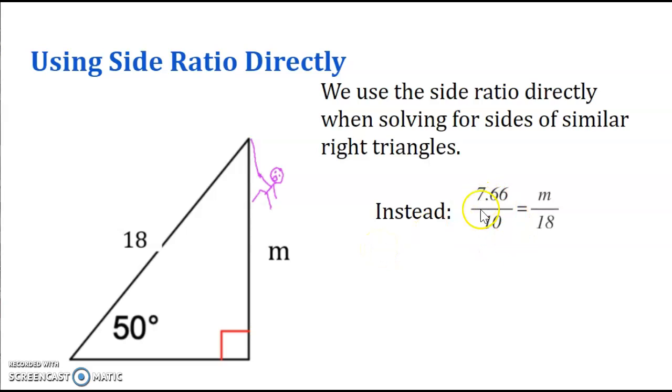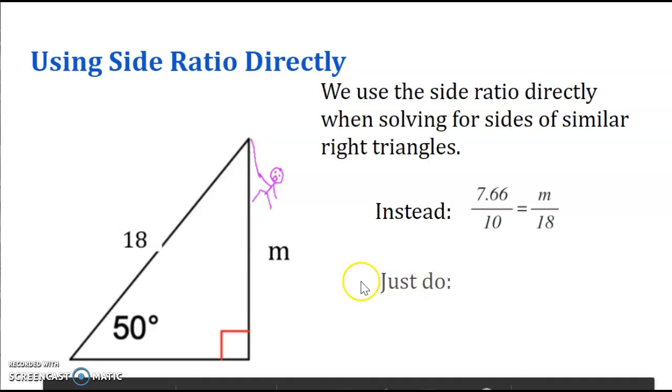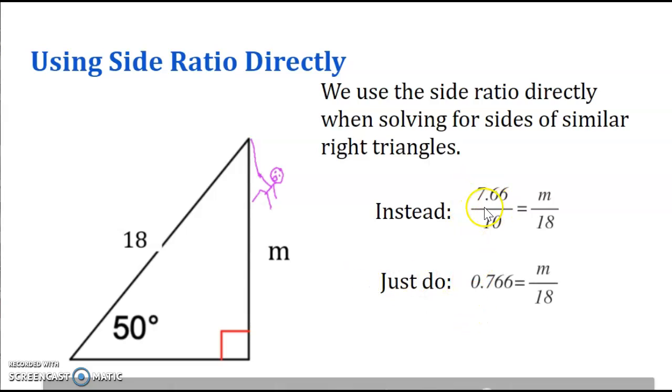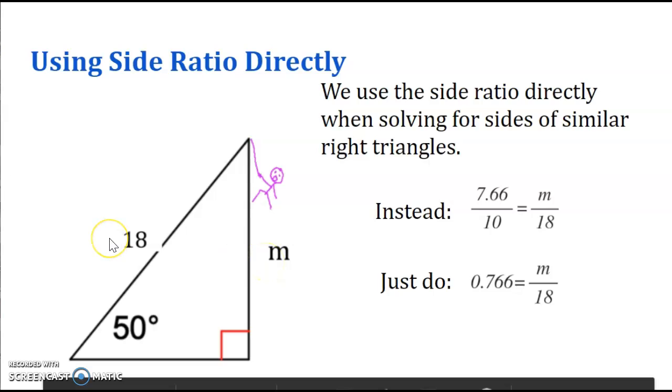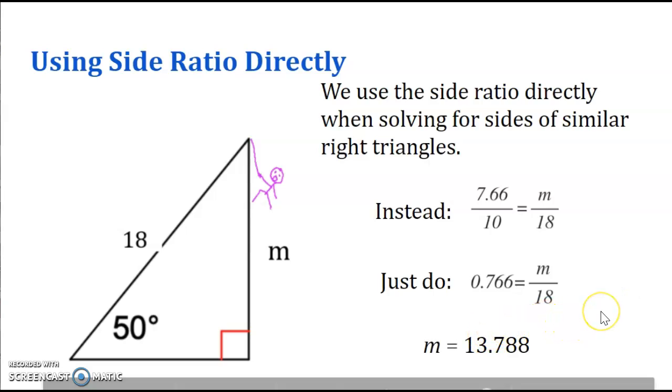Instead of setting up a proportion, we know the ratio of the opposite side to the hypotenuse is 0.766 for a 50 degree angle. So m over 18 has to be 0.766, and so m has to be 13.788.